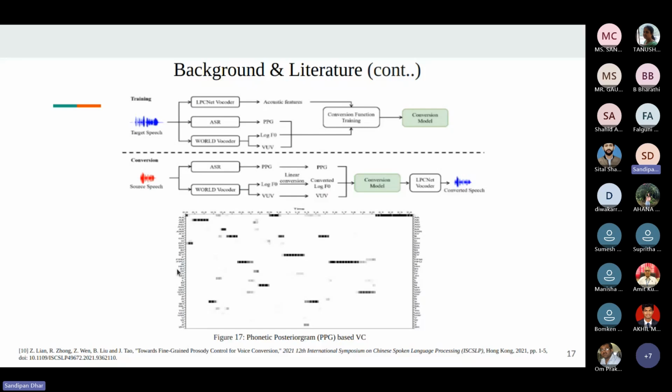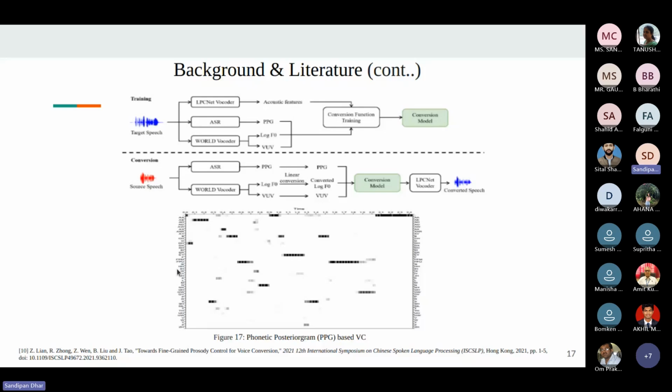However, nowadays people are using hybrid models for different aspects, like this phonetic posteriorgram. How does this phonetic posteriorgram model work? As you can see, it is a hybrid model. In the upper part, the information of the phonetic posteriorgram has been added with other features just to get phone-level information.